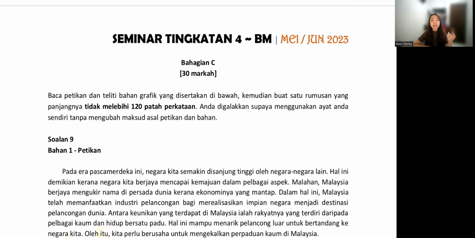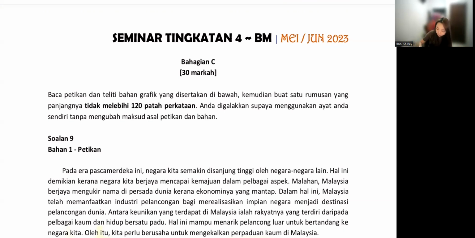What is the entire petikan talking about? In Form 1, 2, 3, for example, they will ask you to write the cara-cara untuk membuat amalan membaca. But when you go to Form 4, 5, you will need to identify whether they are talking about the cara-cara or the kebaikan.